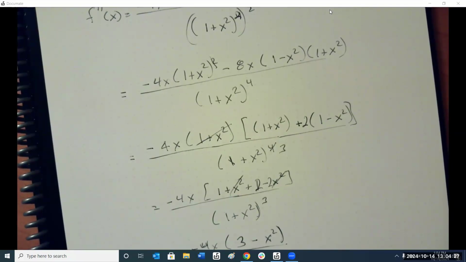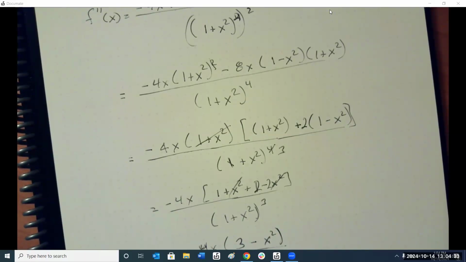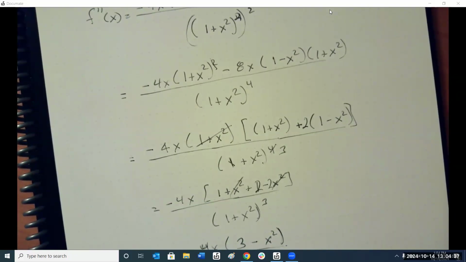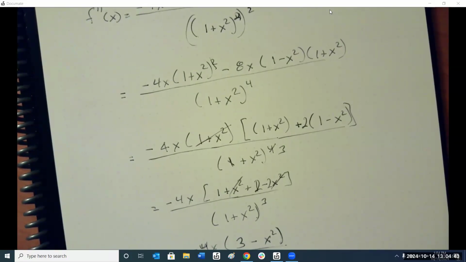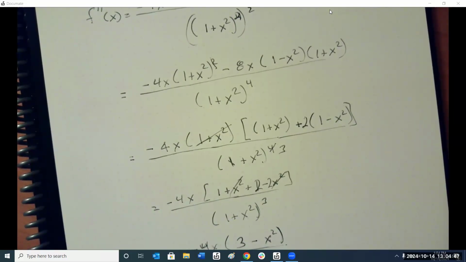The second derivative is negative 4x times 3 minus x squared over 1 plus x squared cubed.